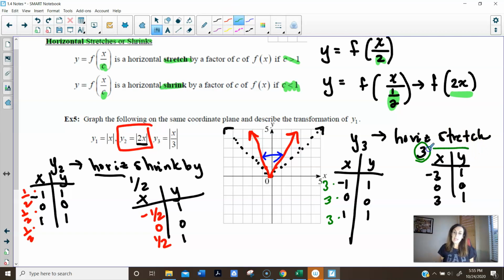So I'm going to take and graph these, and because it's a horizontal stretch, my graph should get wider because I'm stretching horizontally. So here, if I go left 1, 2, 3, and up 1, 0, 0, and right 1, 2, 3, up 1. So you can see that this graph is stretching horizontally. And the horizontal, again, is looking at this stretch right there. So it's stretching horizontally.